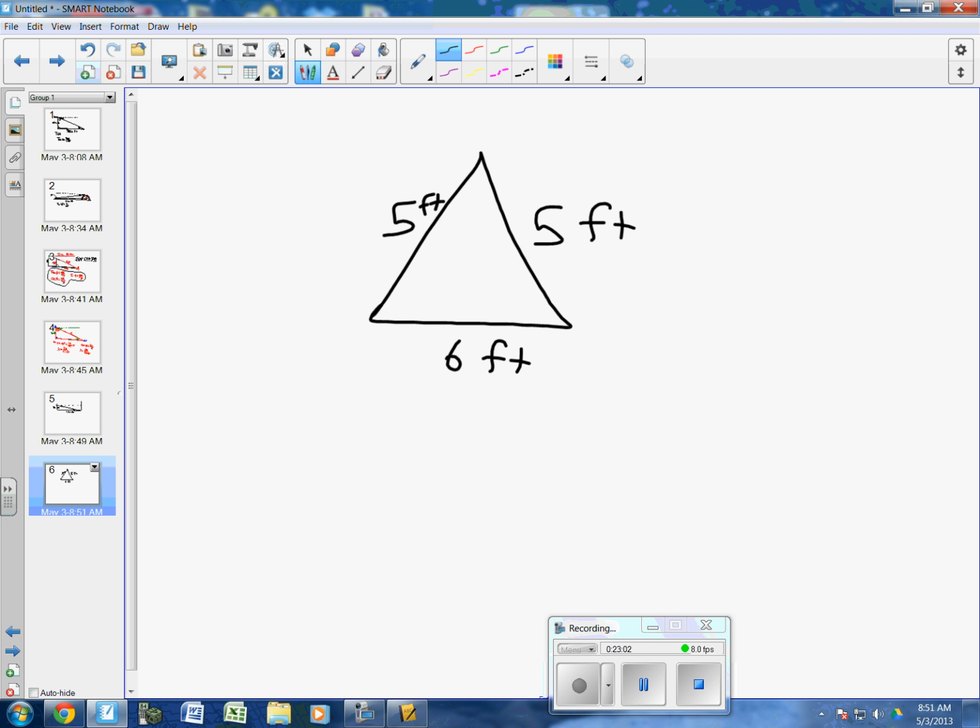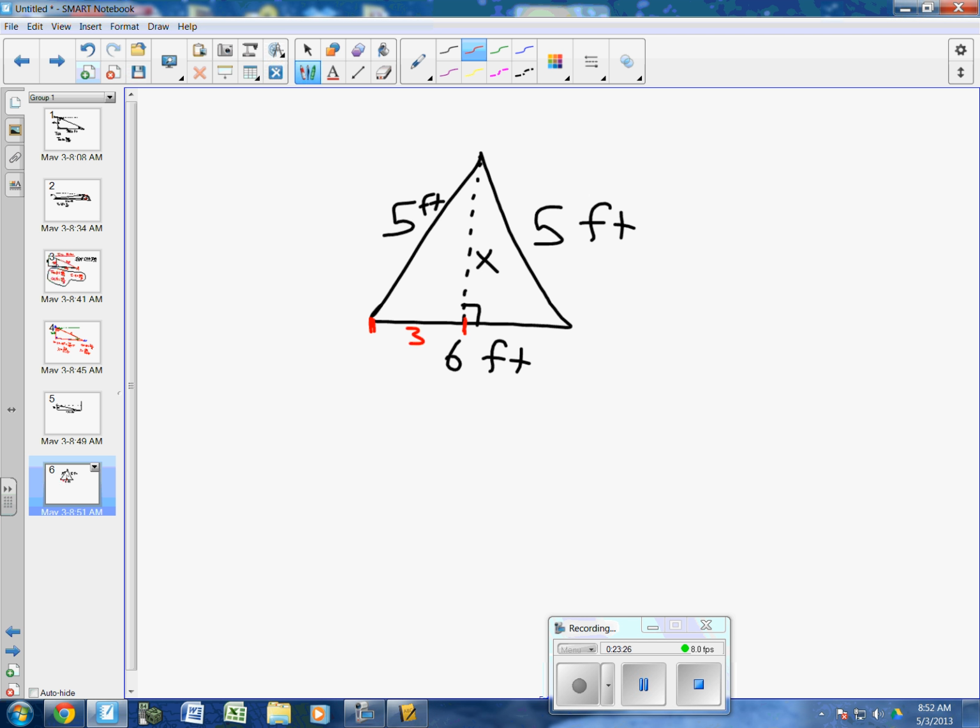What is the height of his doghouse in feet at its tallest point? So it wants to know that distance right there, right? Let me ask you this. How long is it from right here to right here? It's how long? 3 feet.